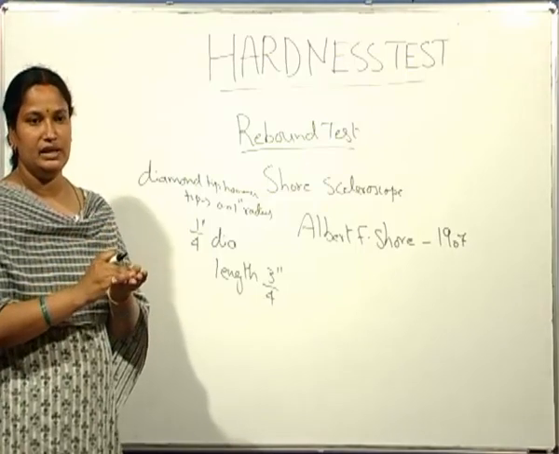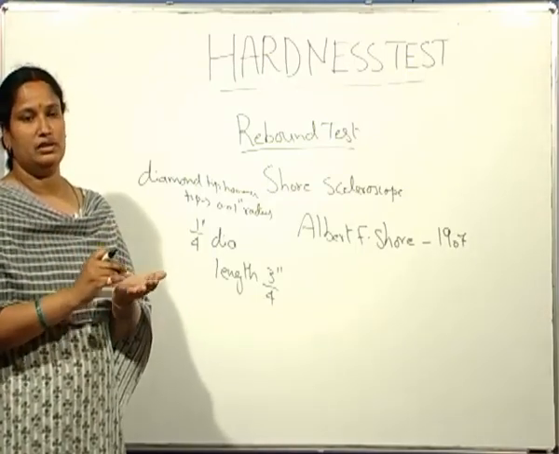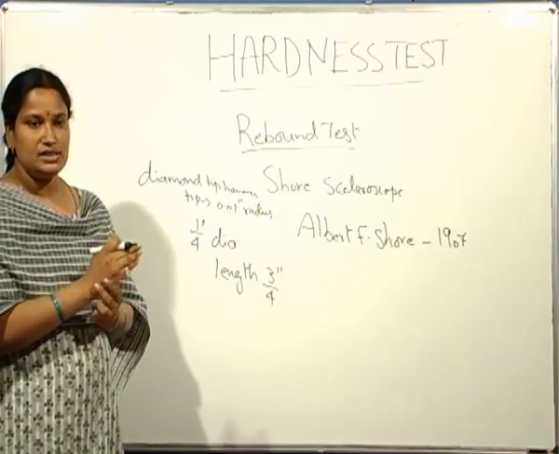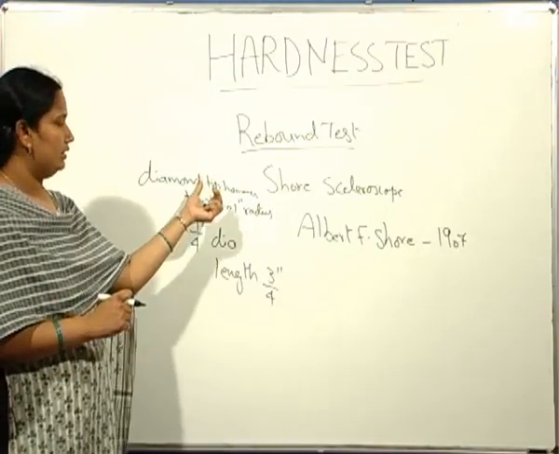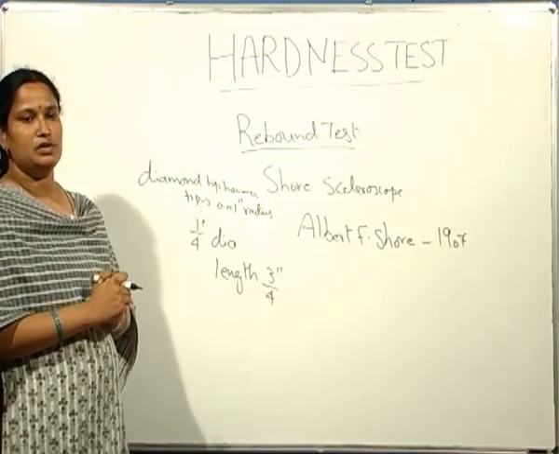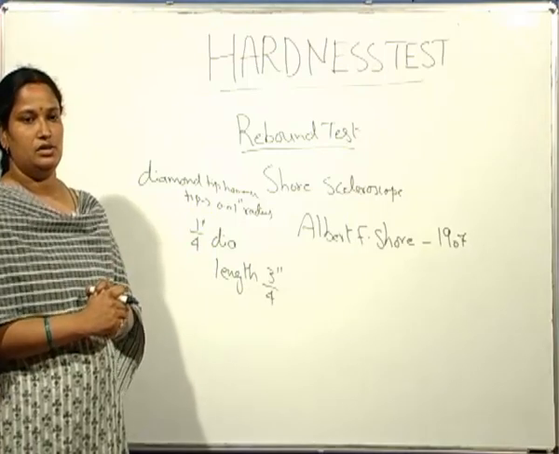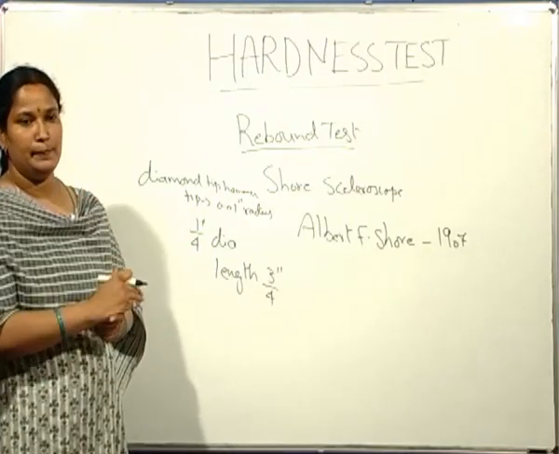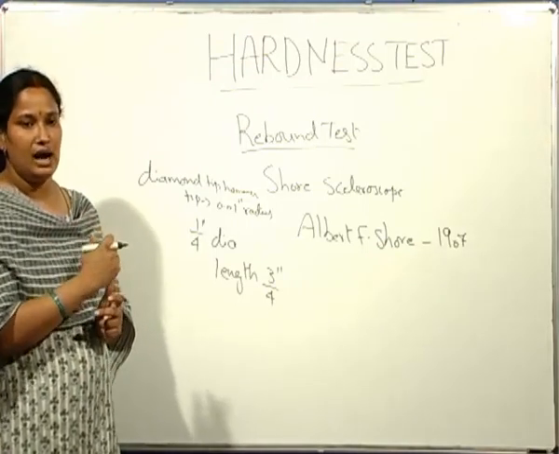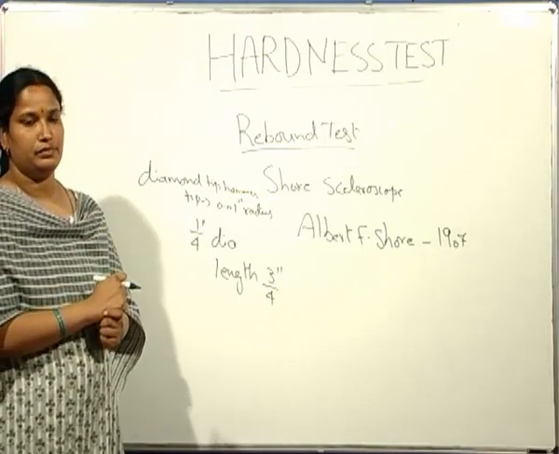If the material is softer, the height of rebound is less. So this hardness can be determined by means of a scale which is graduated from 0 to 100. So that height of rebound is determined from the scale, which is read as the hardness of the material.